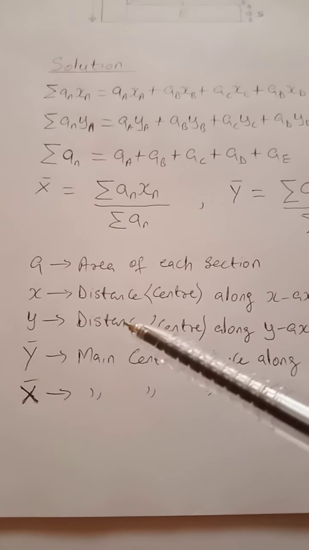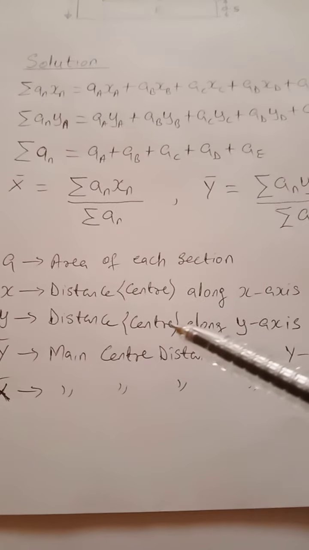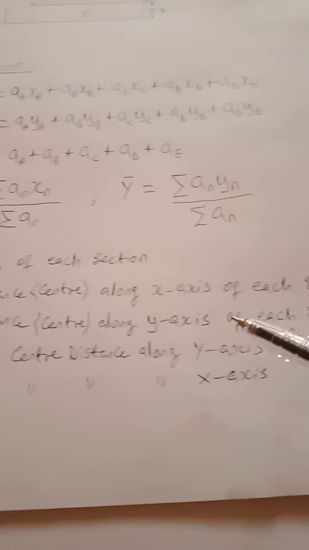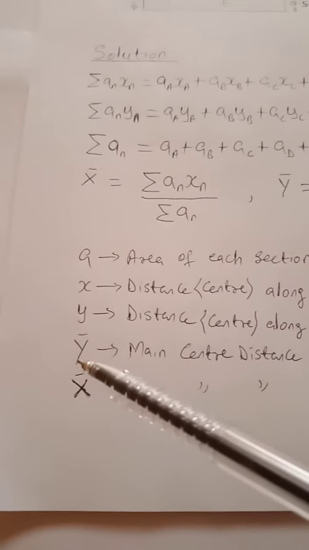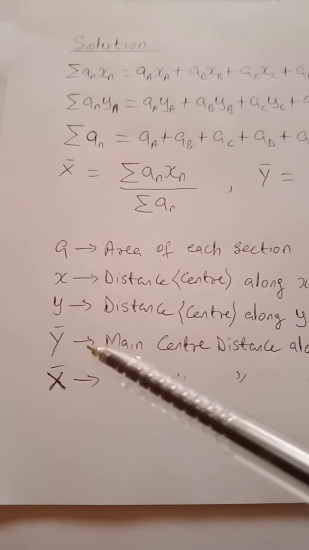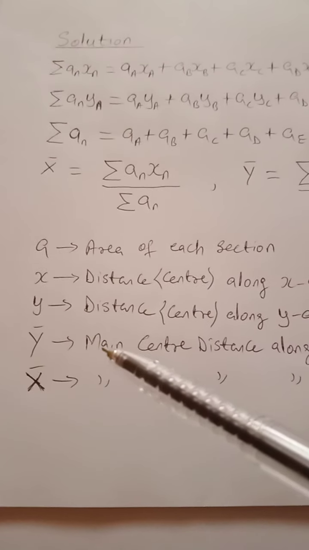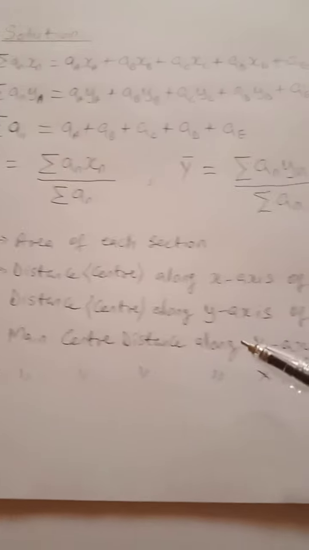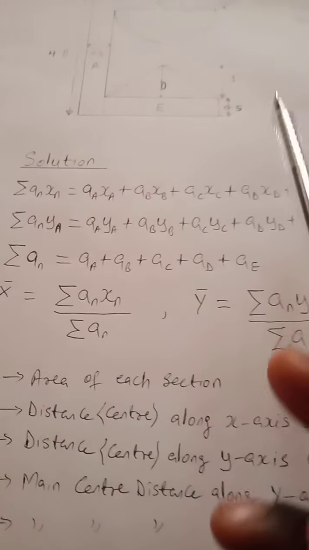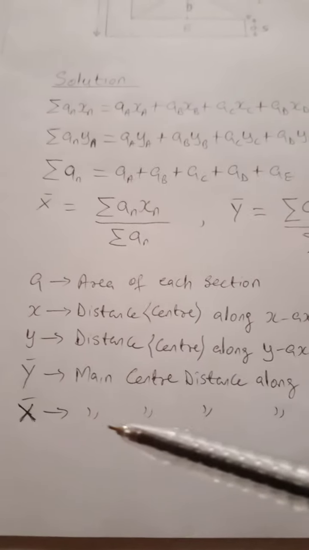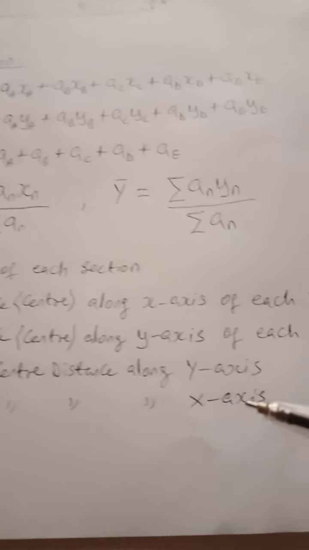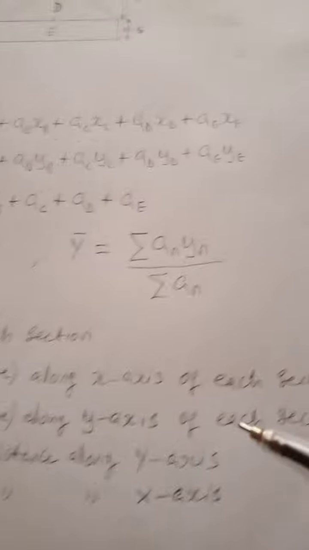Then y means the center distance along the y-axis of each section. Then this bar y, this capital Y, means the mean center distance along the y-axis. Mean means the entire shape. Then the bar x means the mean center distance along the x-axis.